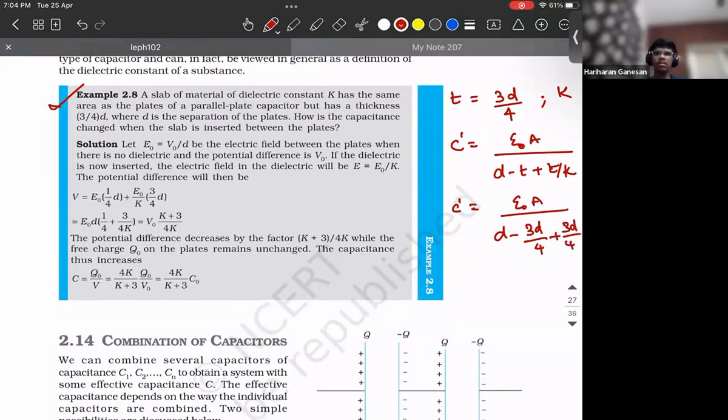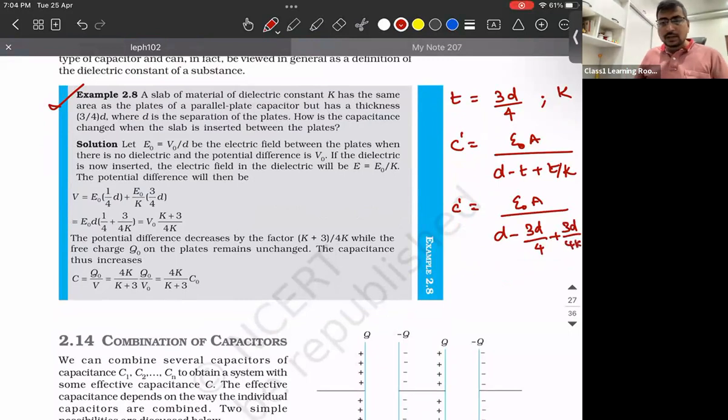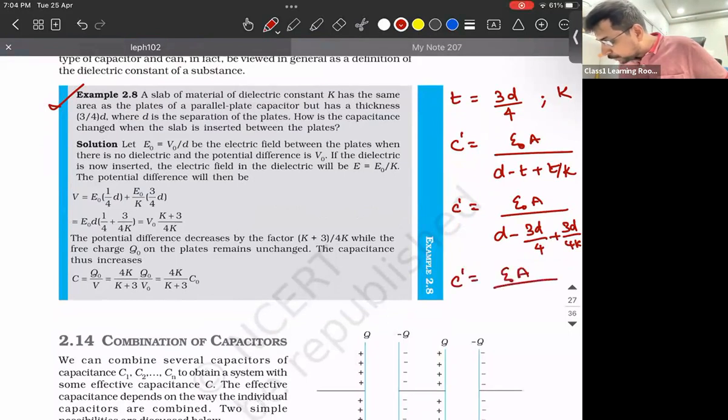Very good. So when you take LCM, D minus 3D by 4 is going to be D by 4. So C dash will be equal to epsilon naught A divided by D by 4 plus 3D by 4K.